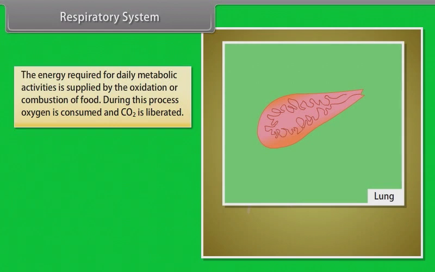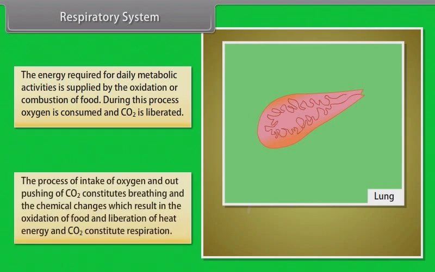During this process, oxygen is consumed and CO2 is liberated. The process of intake of oxygen and out-pushing of CO2 constitutes breathing, and the chemical changes which result in the oxidation of food and liberation of heat energy and CO2 constitute respiration.